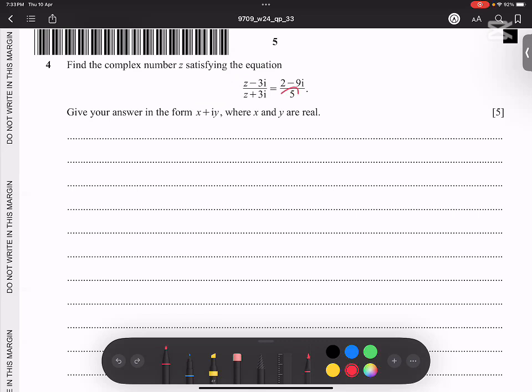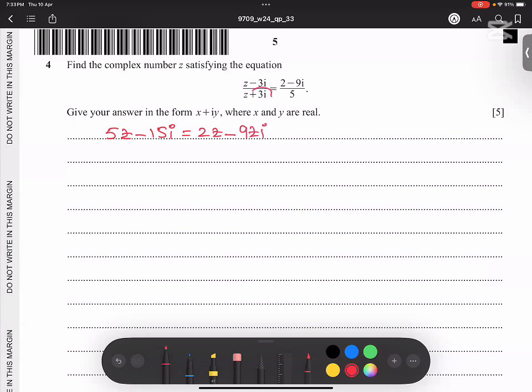So 5 multiply left hand side. We get 5z negative 15 iota, 2z and negative z multiply with both, so z times 2 and negative 9z iota.